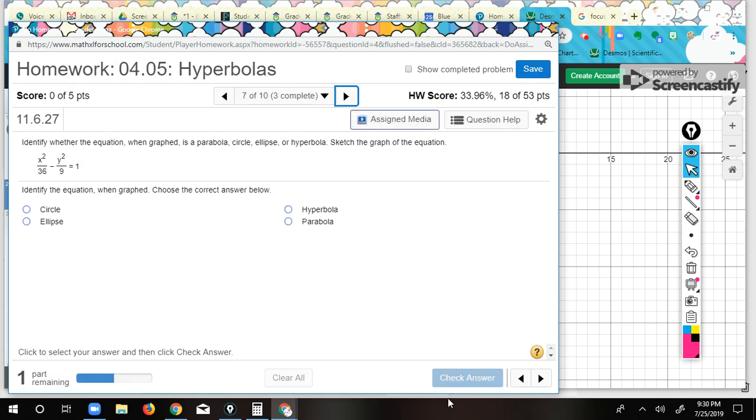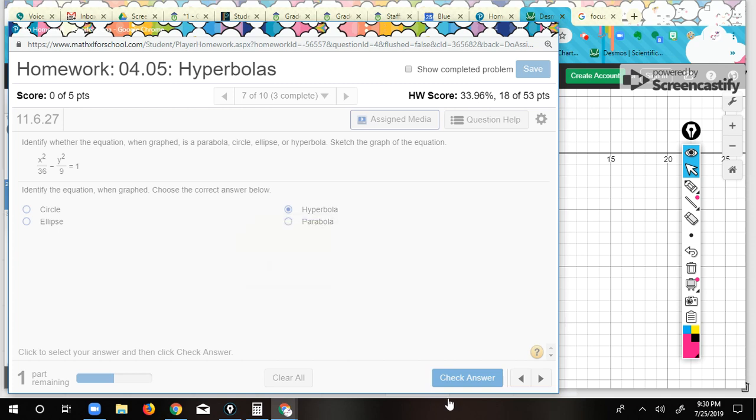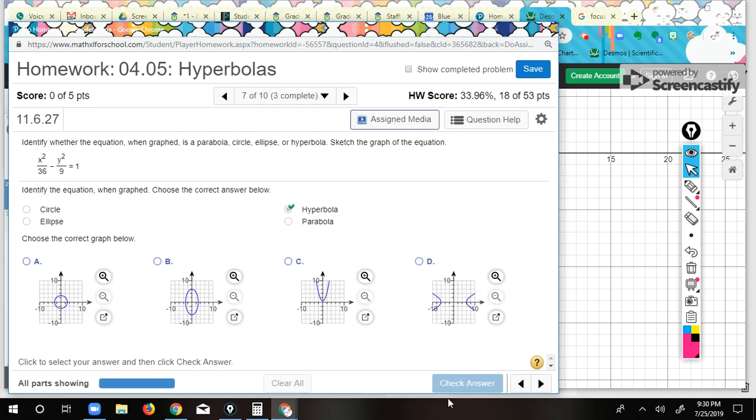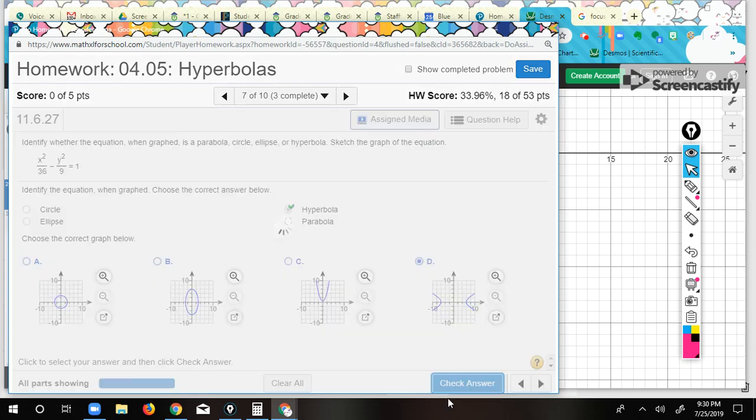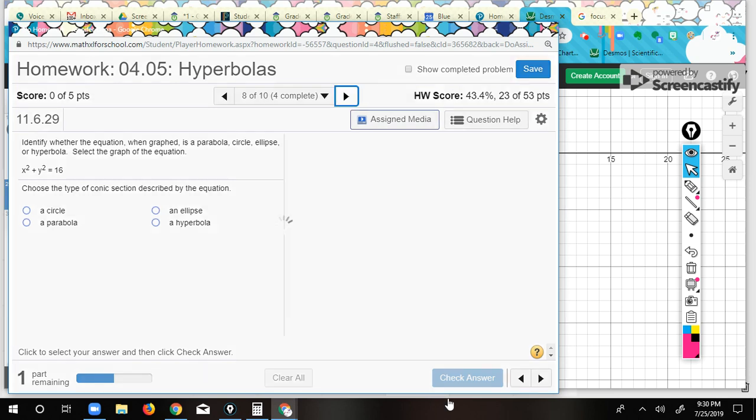Now this one has a minus sign in the middle, and both x and y are squared, so this is a hyperbola. And the only one that's a hyperbola is D there. Okay, let's go to 9.